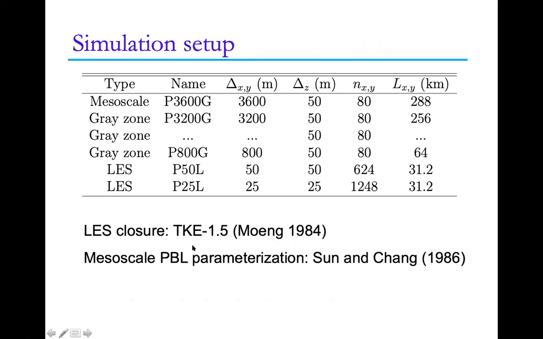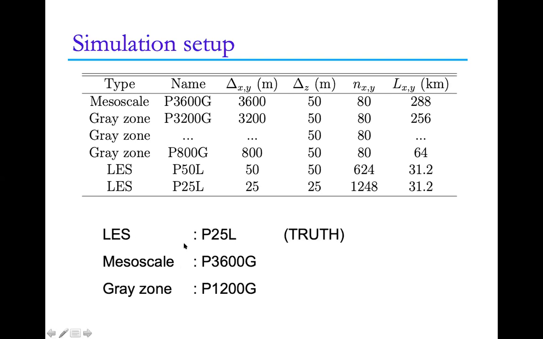The closure model at the LES level was a TKE 1.5 closure. At the mesoscale, it's the Sun and Chang closure, a PBL scheme. The 25-meter simulation here is considered our truth. Then we have the mesoscale at 3.6 kilometers, and I'll show you examples from a gray zone simulation at 1.2 kilometers.